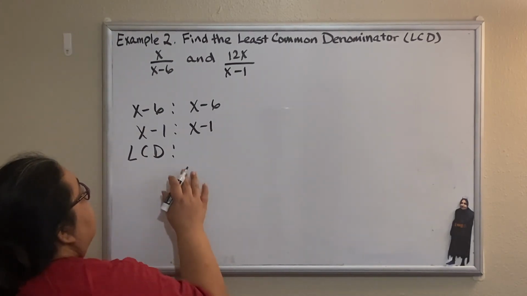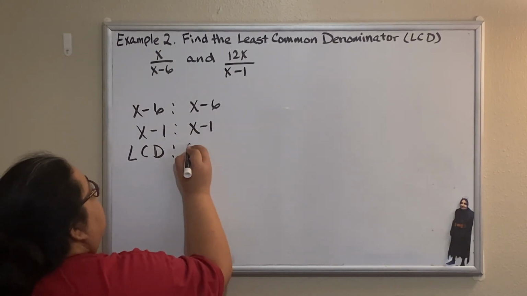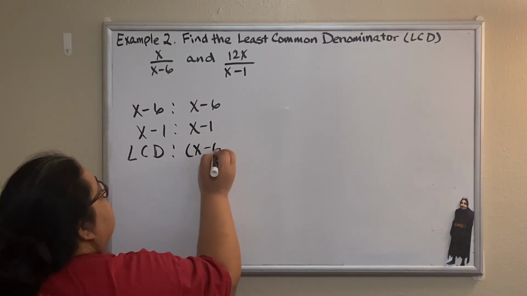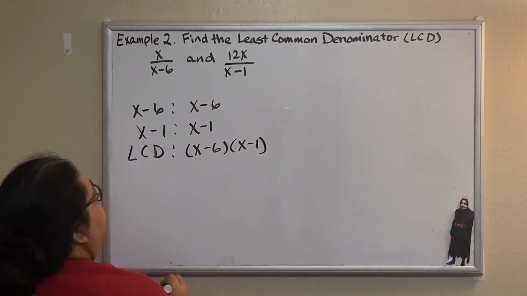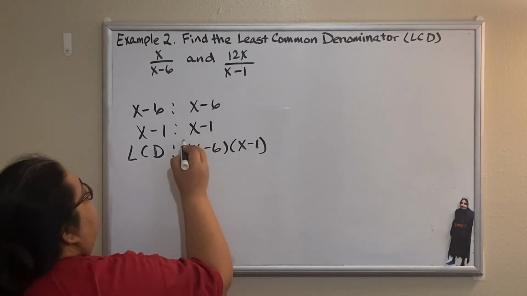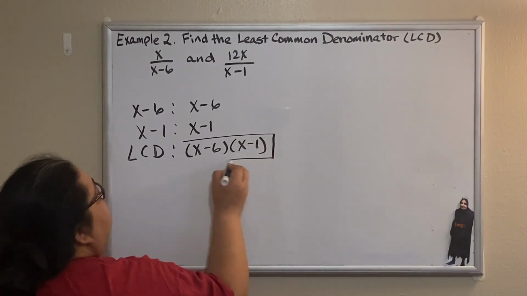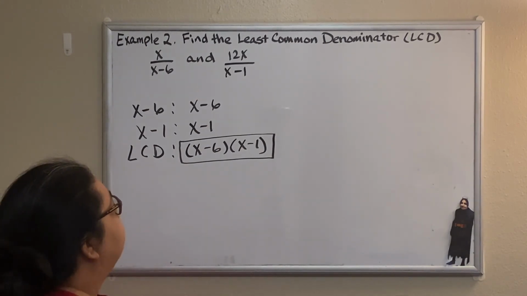So the lowest common denominator is going to be each of the separate factors. So we're going to have a factor of x minus 6 and a factor of x minus 1. Now, we could multiply this out, but I'm going to keep it factored, so we don't need to simplify any further. This is our lowest common denominator.